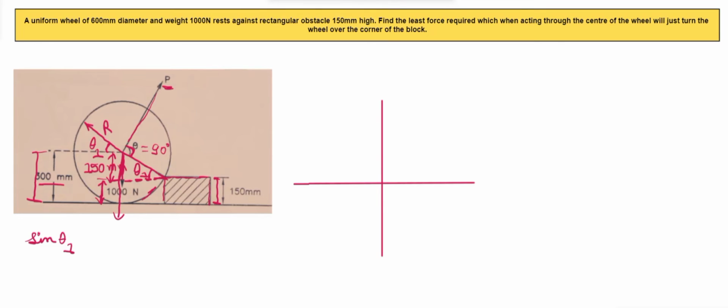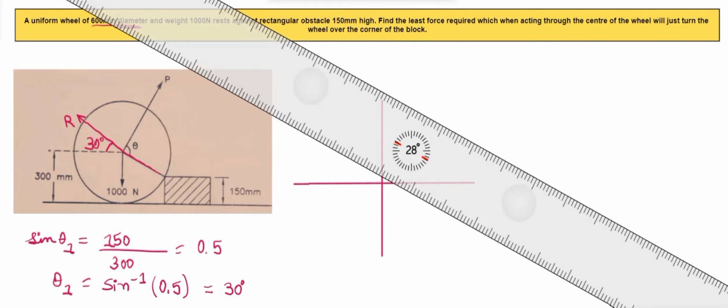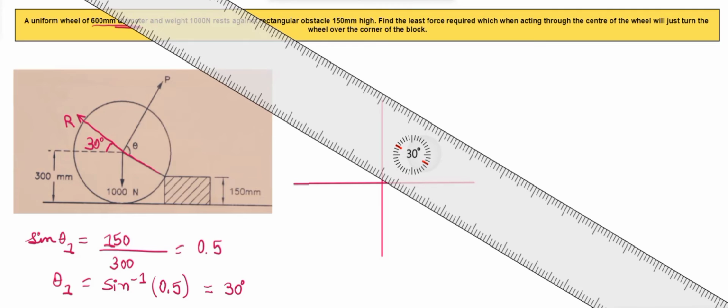So we'll write sine theta 1 is equal to 150 divided by the radius of the wheel, which is 600 by 2, as the diameter is 600 mm. So the radius will be 300 mm. So sine theta 1 will be equal to 0.5 and theta 1 will be equal to sine inverse of 0.5, which is 30 degree. So we have got this reaction which is acting at an angle of 30 degree.